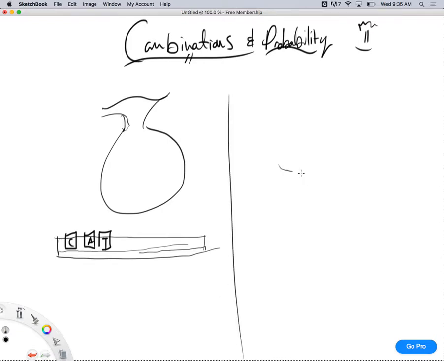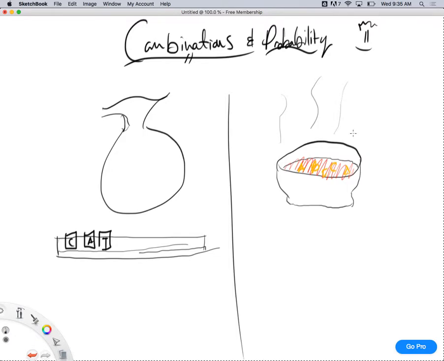Now I want you to imagine that you've got a nice, hot, steaming bowl of alphabet soup. Okay? So you've got your alphabet soup, and it's got all these different letters in it. And it's a hot, steamy bowl of alphabet soup. And you take your big old soup spoon and you dip it in there.